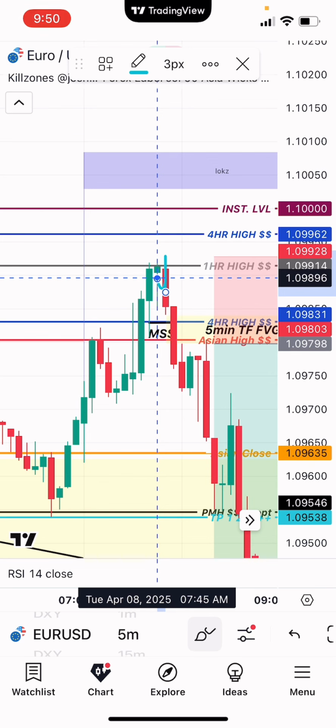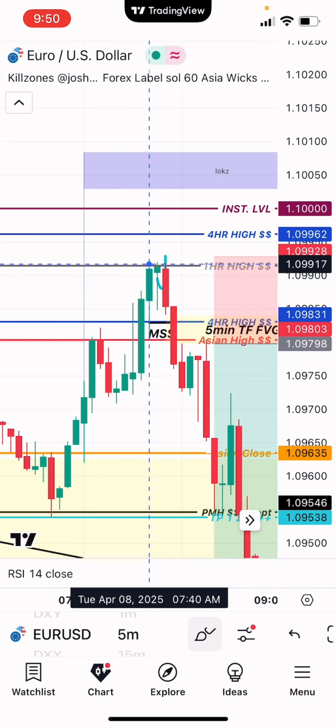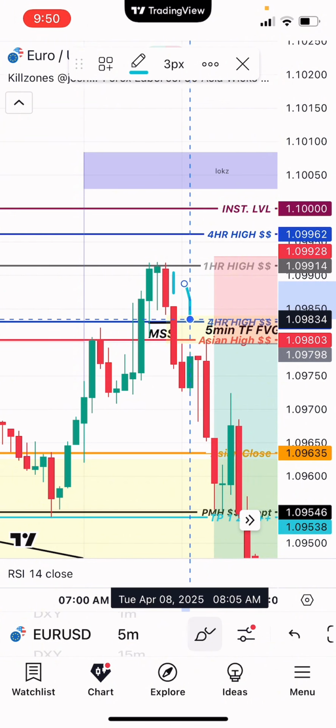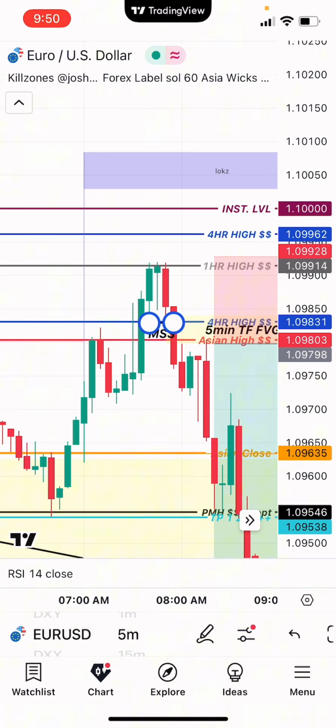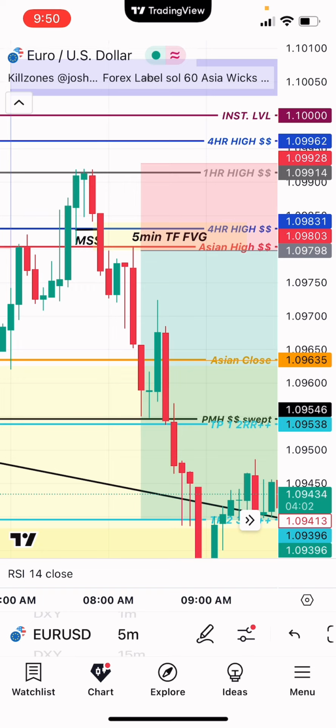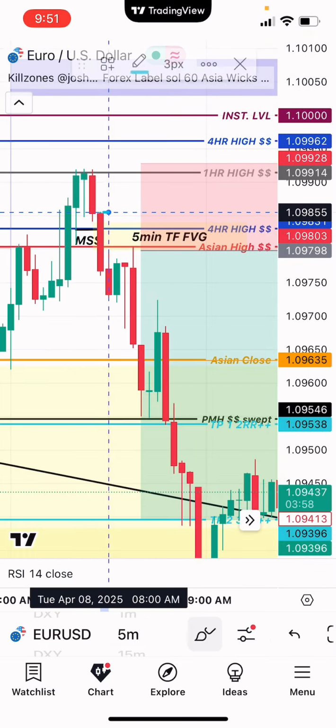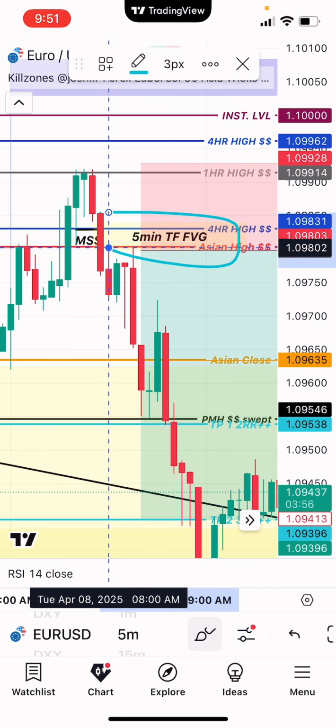Third candle, which is the confirmation candle, was a bearish candle. Then price moved to the downside, and I saw that price left an area of imbalance, that is this 5 minute fair value gap.